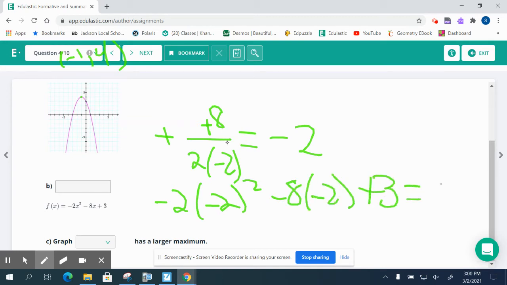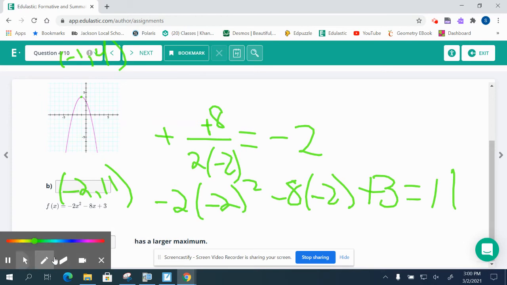And I think you get 11, if I'm not mistaken. Let me double check. Negative 2 squared minus 8 times negative 2 plus 3 is 11. So you would get, for here, negative 2, 11. So since this maximum is at 11 and the other maximum is at 4, that means graph B has a larger maximum.